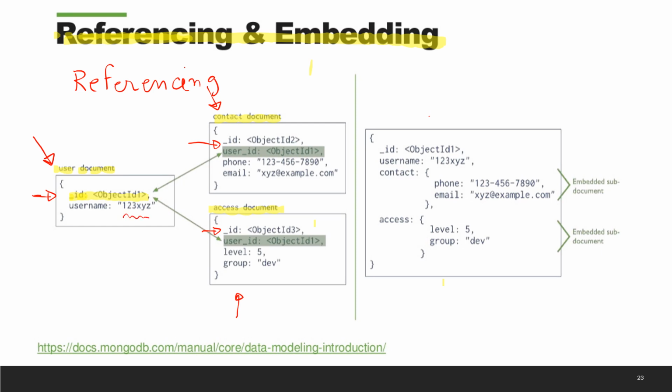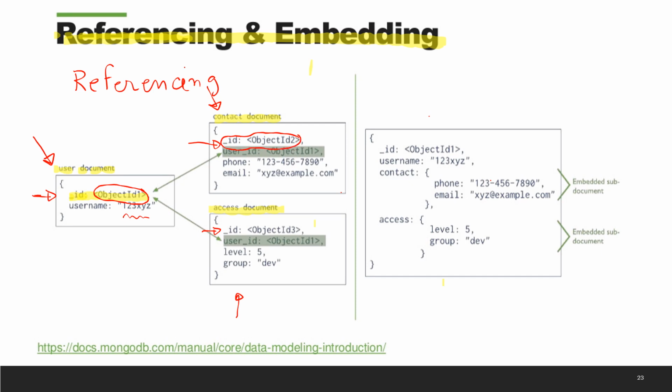Okay, so in this example, we have a user document with this ID for the user 123XYZ. Then we have the contact document, which we want to say is the contact data for that user 123XYZ. So this user 123XYZ is stored in the document with the ID ObjectID 1. Then another document, ObjectID 2, for the contact.